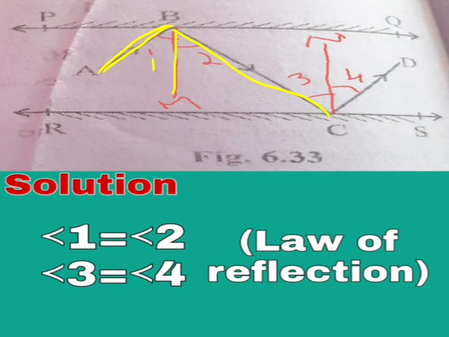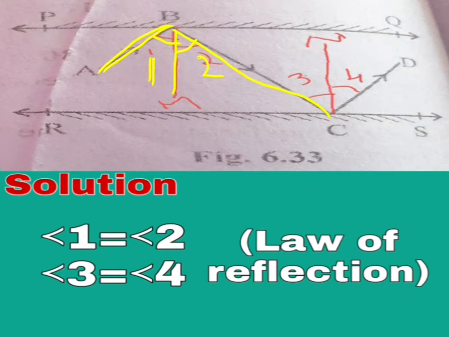The angle formed by the incident ray is the incident angle, and the angle formed by the reflected ray is the reflected angle. According to the laws of reflection, the angle of incidence is always equal to the angle of reflection. We already learned that, isn't it?